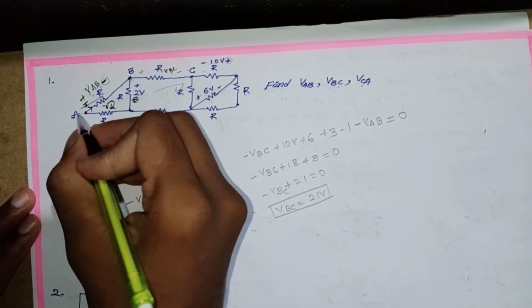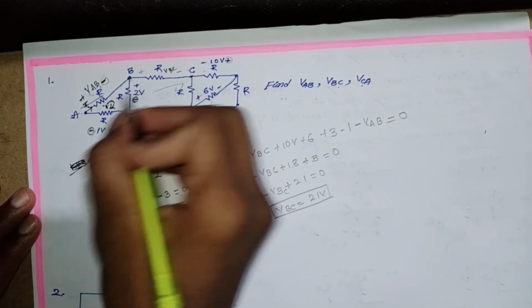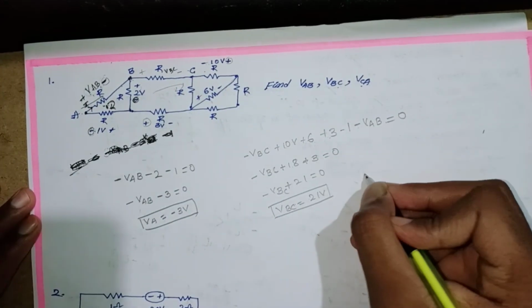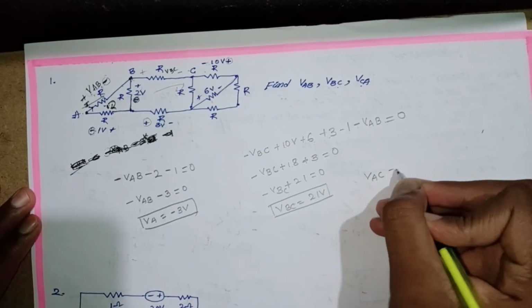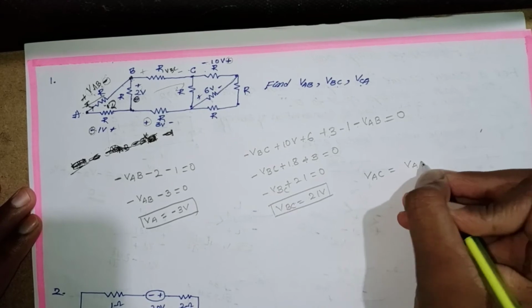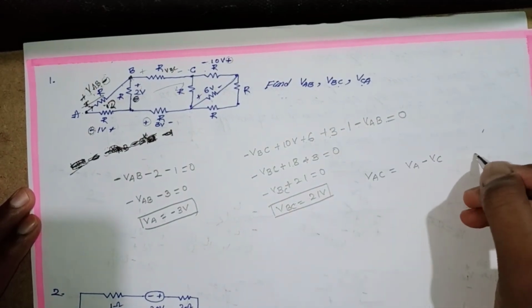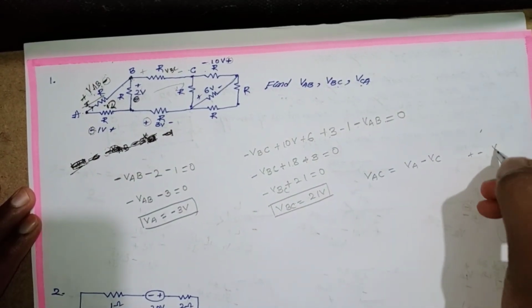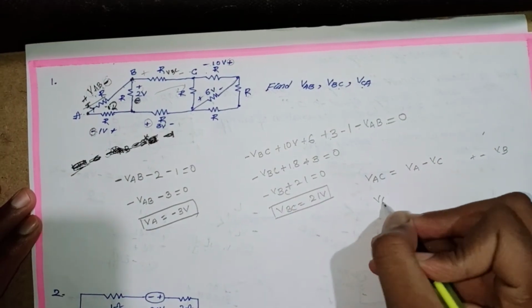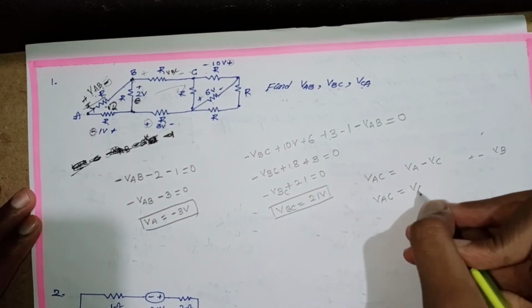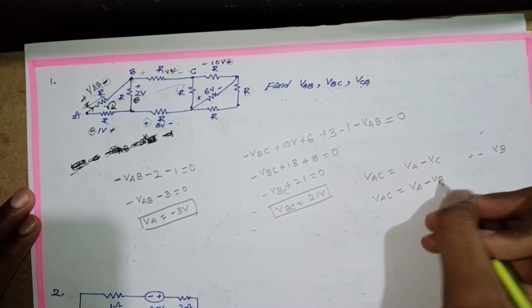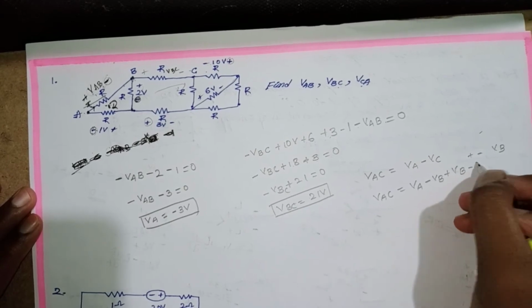We calculate VAC. VAC may be written as VA minus VC. I add and subtract VB. VAC is equal to VA minus VB plus VB minus VC.